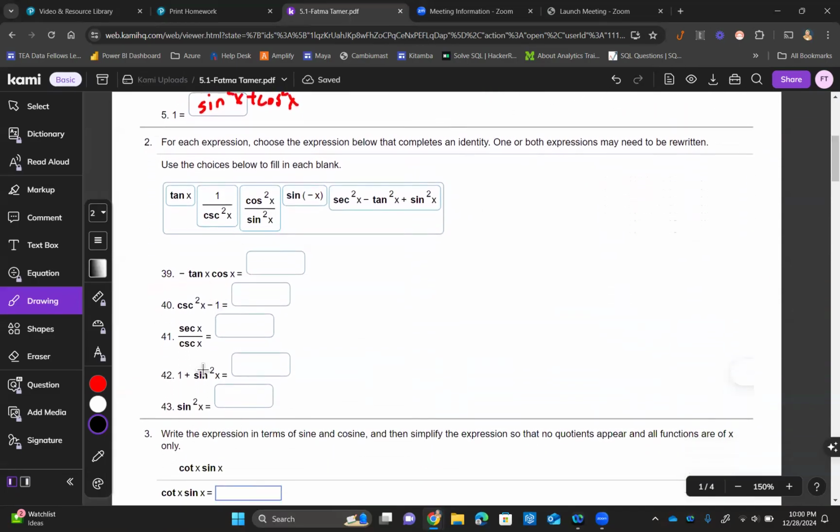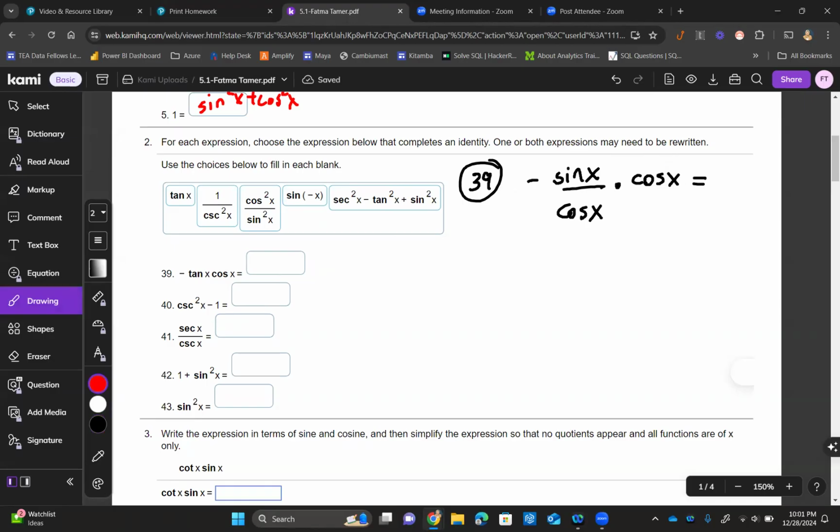Number 2 is more matching, more simplifying. So let's take a look at how I can simplify question 39, which looks like negative tangent of x. Instead of negative tangent of x, I know that tangent is always equal to sine x over cosine x. So I copied the negative sign, but instead of tangent of x, I wrote the quotient identity. The question now wants me to multiply by cosine of x.